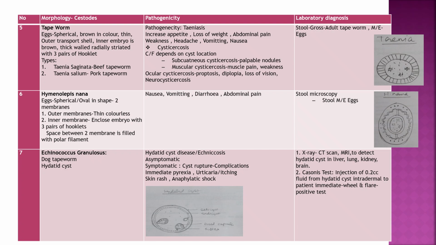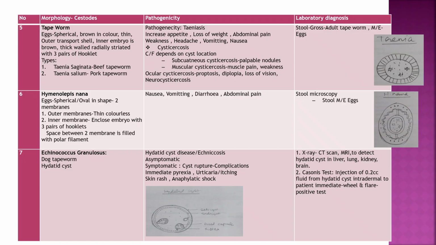Tapeworm, the types: Taenia saginata, beef tapeworm. Taenia solium, pork tapeworm. Egg spherical, brown in color, and then two linings are there. Thick walled, radially striated, with three pairs of hooklets inside. Pathogenicity: taeniasis, increased appetite, loss of weight, abdominal pain, weakness, headache, vomiting, nausea. And second is cysticercosis.